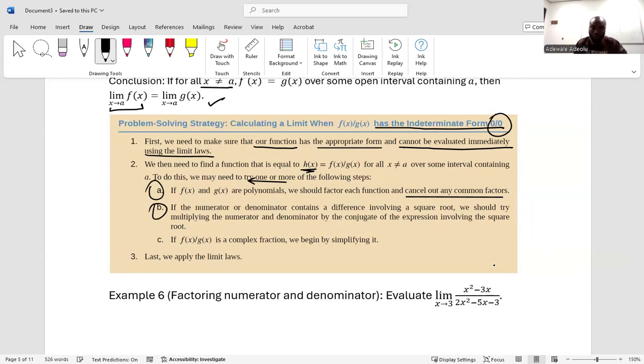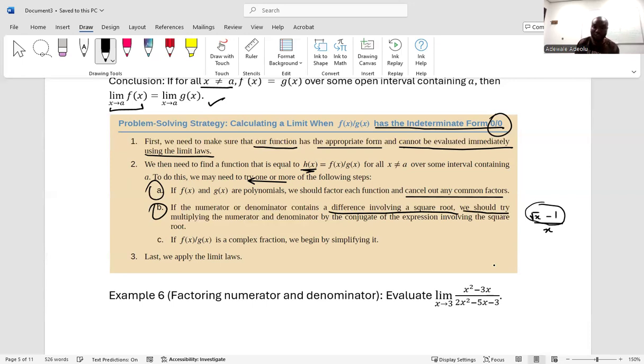Another thing you can do: if the numerator or denominator contains a difference involving a square root, for example something like this, what do we do in that situation?